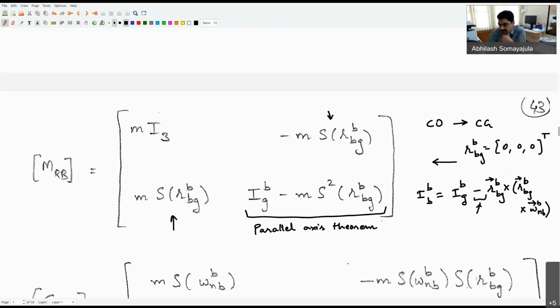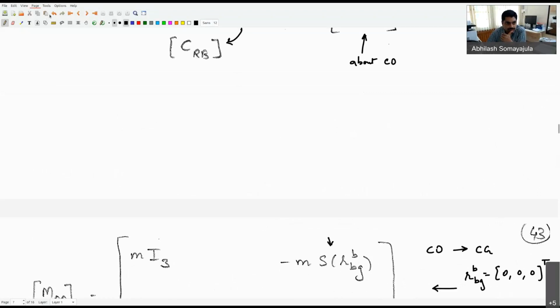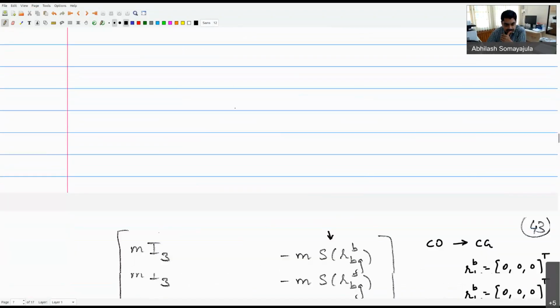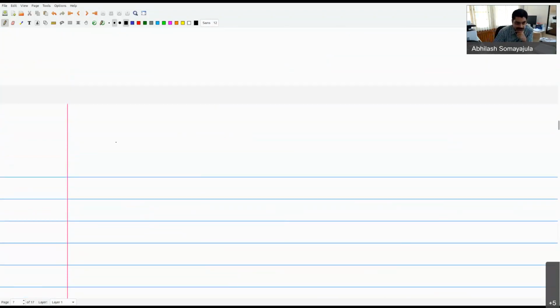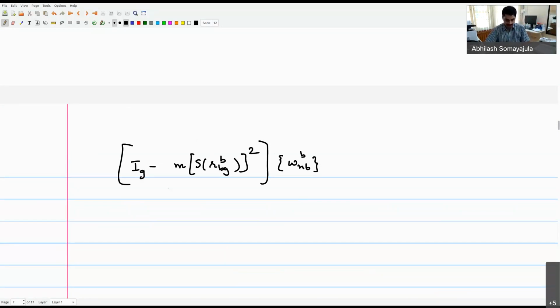In fact, if you express this cross product out and you absorb that minus into your cross product order, you'll see that this does come out to be IG minus M times S of RBGB squared, and this whole thing gets multiplied by omega NBB, and that will give me the so-called inertia times the angular velocity.